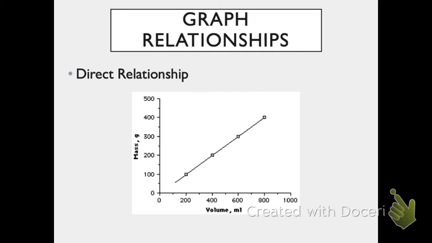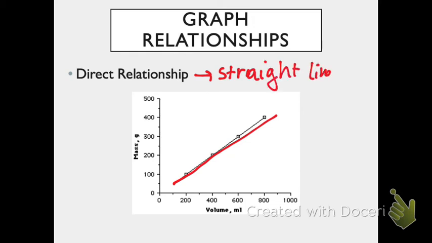Okay? What do we know about a direct relationship? We kind of talked about this a little bit. Direct relationship is a straight line. Any sort of straight line is a direct relationship. You could also have a direct relationship that's in the negative direction, right? As one increases, the other decreases. Okay, those are all considered direct relationships.